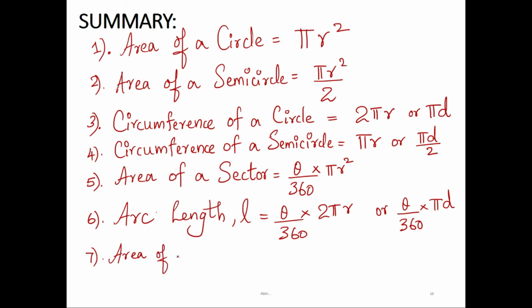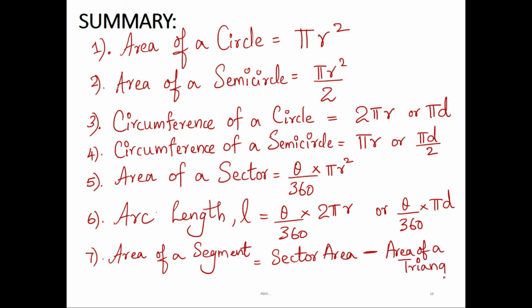Area of a segment equals sector area minus area of a triangle, which is equal to theta over 360 times pi r square, which is the sector area, minus r square sine theta over 2.